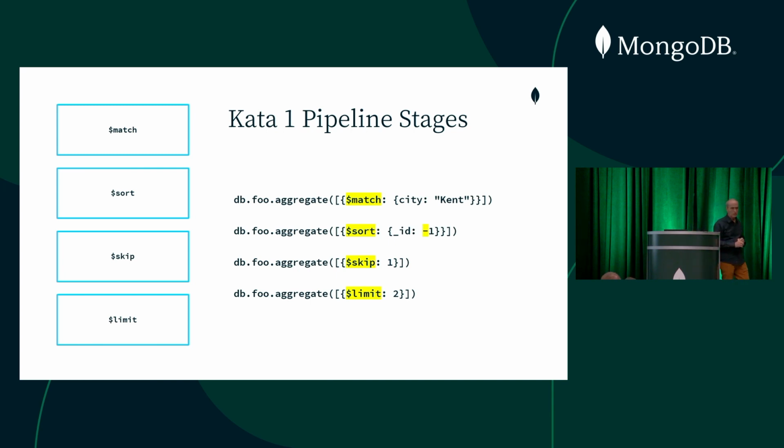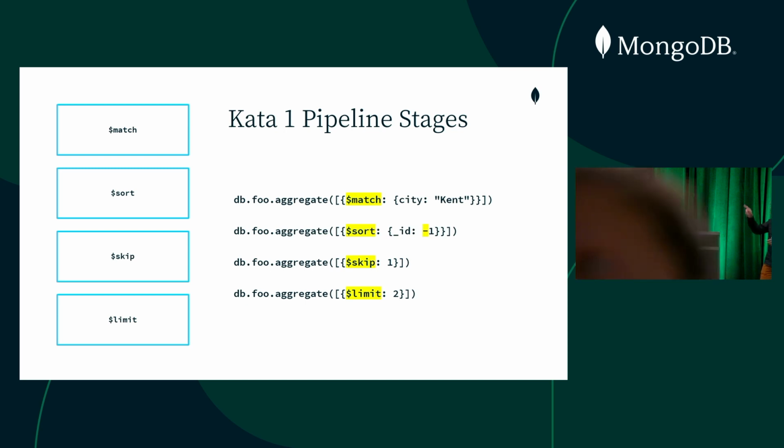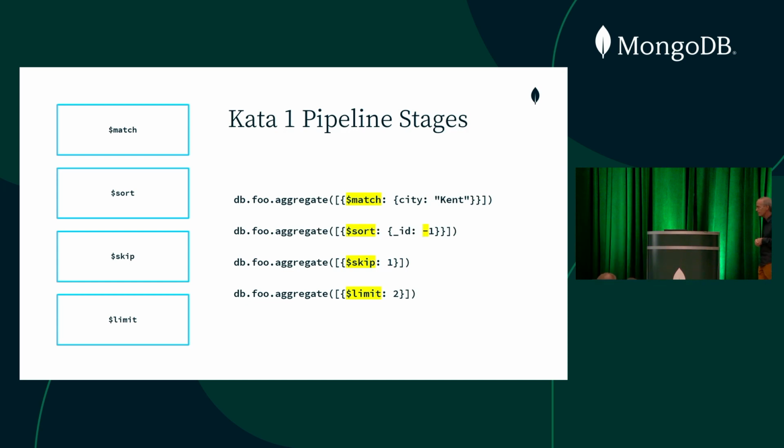The way match works, match is a filter. So $match in an aggregation pipeline will typically be one of the first elements. It can appear multiple times, but really at the left of most all your aggregation pipelines, you should see a $match. $match takes the same expression as find does. So it just takes a field name, in our case here, city, and a value, Kent.